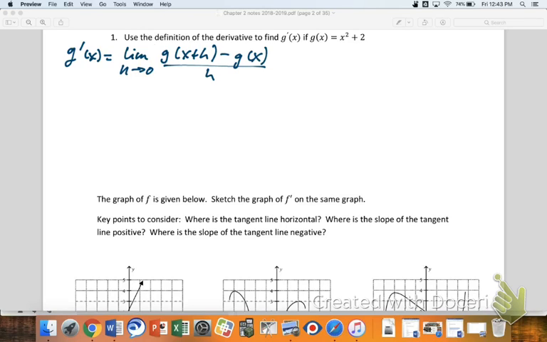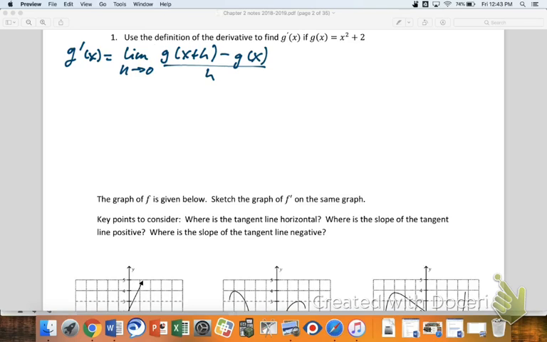So g of x plus h, that's the first piece we need to evaluate. Can everybody explain what g of x plus h is telling us to do? Wherever there's an x in g of x, you put an x plus h.